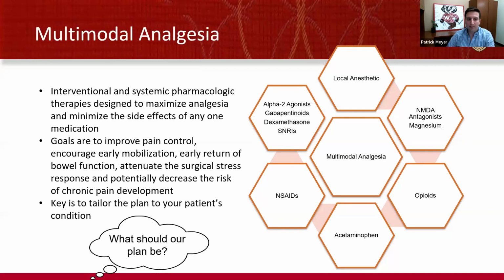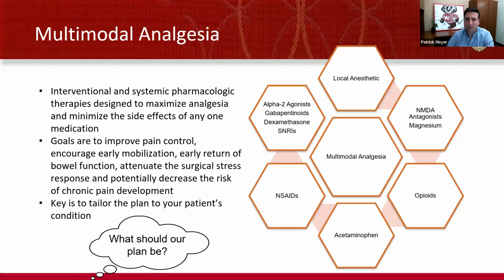NMDA antagonists, NMDA receptors are known to play a role in the pain response. NMDA antagonists, most common one you've heard of is ketamine, can play a role. Magnesium actually has some analgesic efficacy. It's thought to act through an NMDA receptor. Opioids, certainly, they're our best pain controller. So we often use some of those. Acetaminophen, NSAIDs, so most commonly ketorolac or ibuprofen, and then alpha-2 agonists.